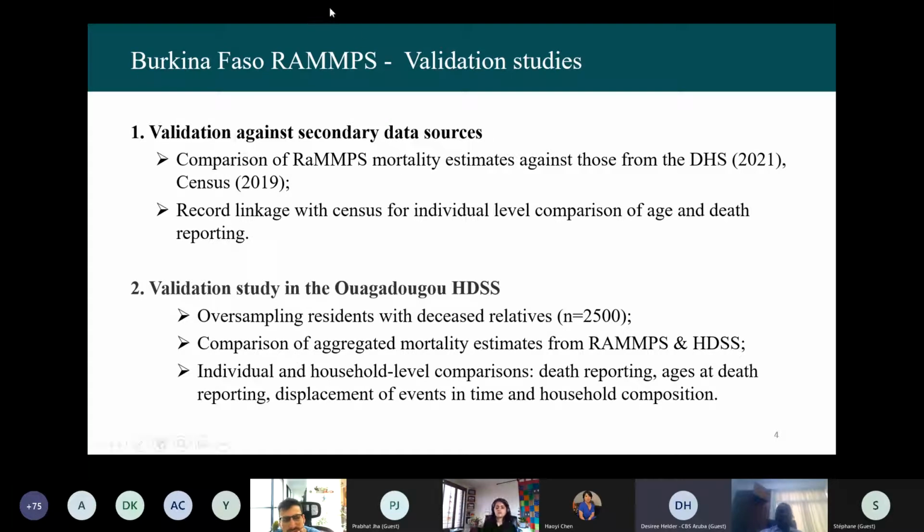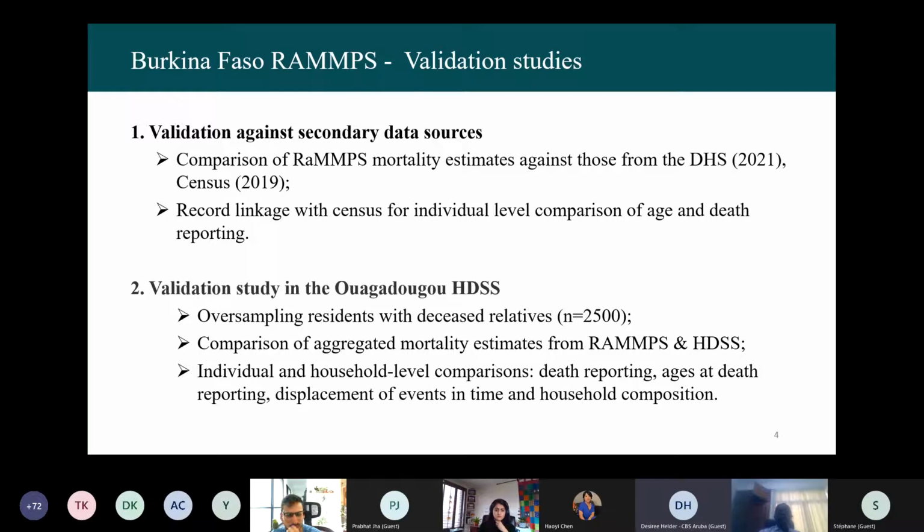And the second step is to conduct a validation study in the Ouagadougou HDSS, which has followed up to 90,000 individuals since 2009. So the idea will be to re-administer the NAMS module to individuals living within the HDSS and then to compare the reporting of death with the reporting in the routine data collection in the HDSS.